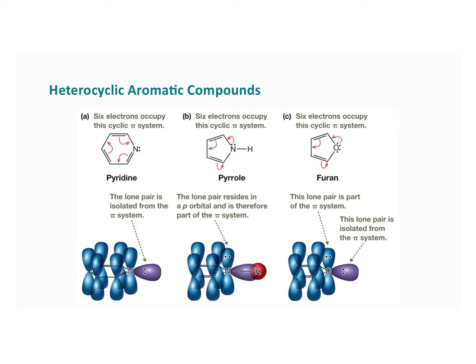Notice that the curved arrows depicting electron movement for pyridine here do not include the lone pair of electrons on nitrogen. This makes sense when we look at the orbital picture here, where the lone pair of electrons occupies the sp2 hybrid orbital, and it's perpendicular to the pi system. And so the next one is pyrrole, which is in contrast to pyridine. And when we look at the lone pair on pyrrole, it is included in the electron movement.